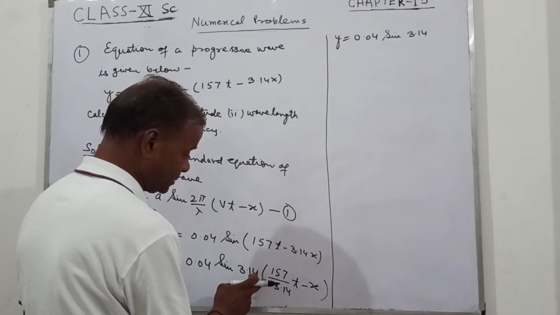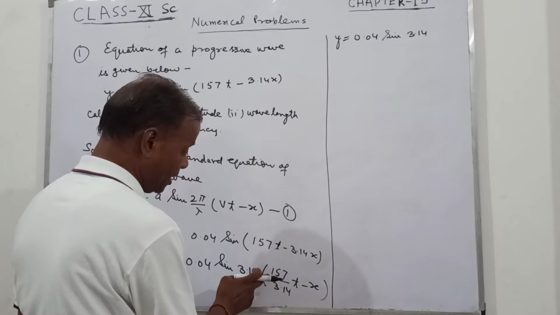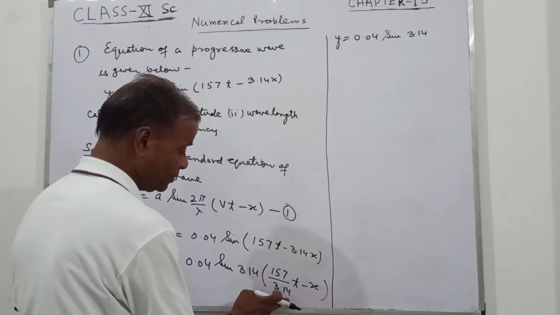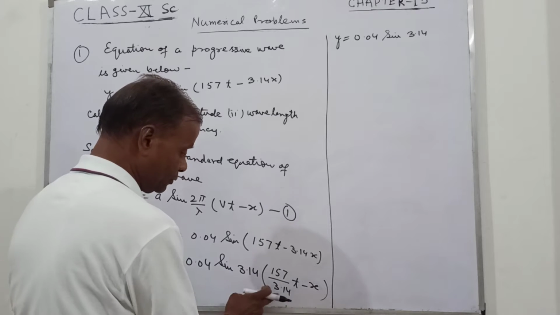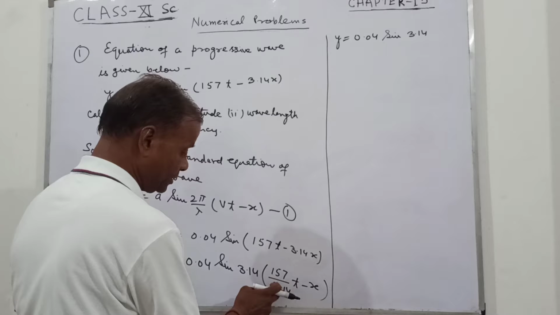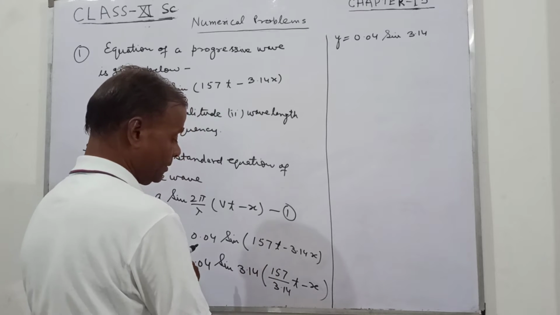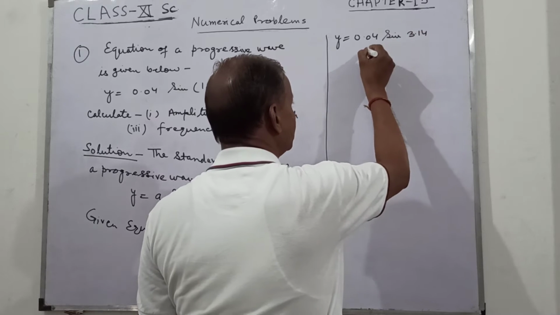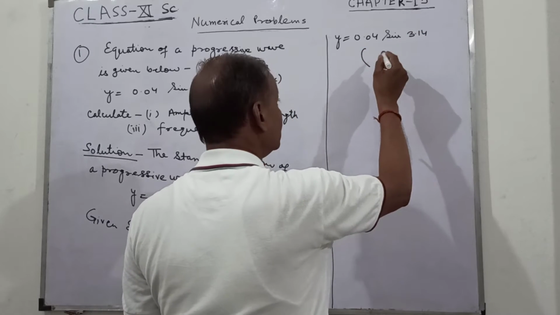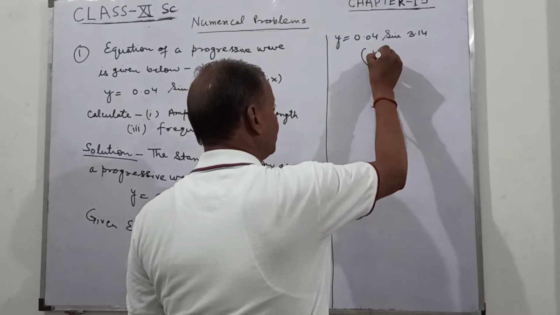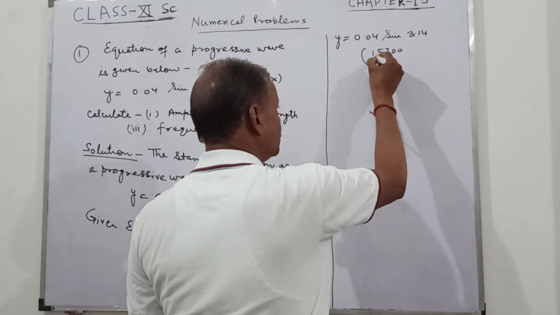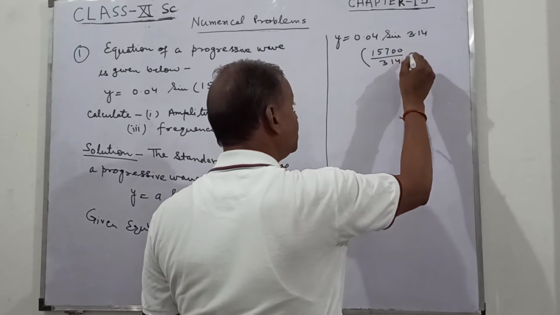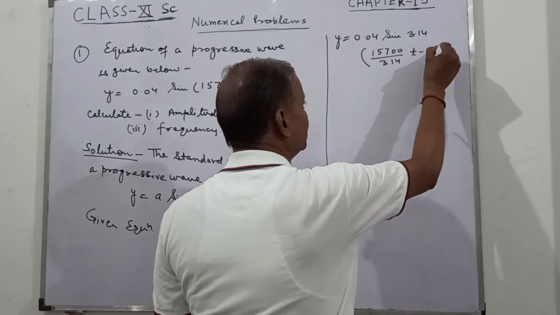If you see, 157 is half of 314, so we take 15700 upon 314 t minus x.